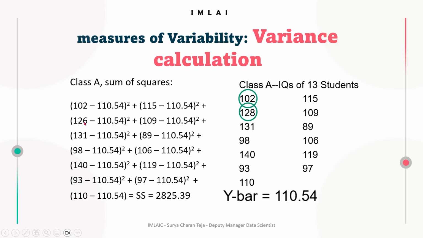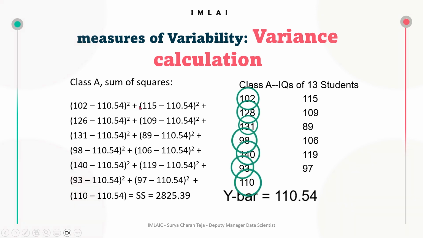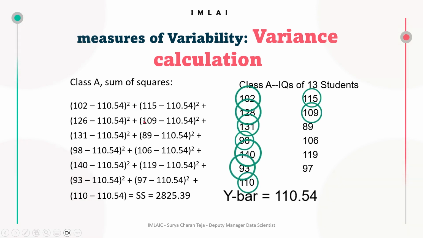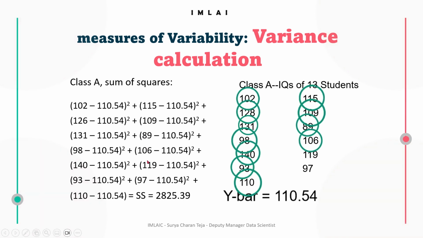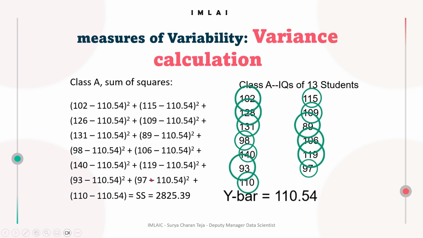Then I'll go for 120, then 115: 115 minus 110.54 whole squared. Then 128, 139, 98, 140, 93, 110, 115, 109, then the deviations of 89, 106, 119, and 97.